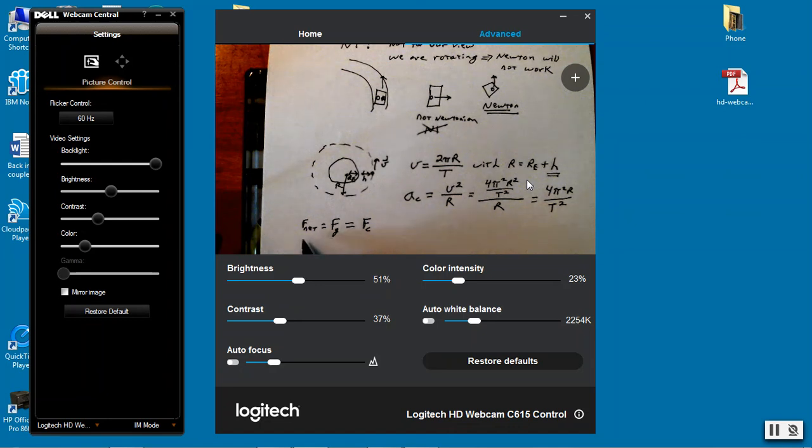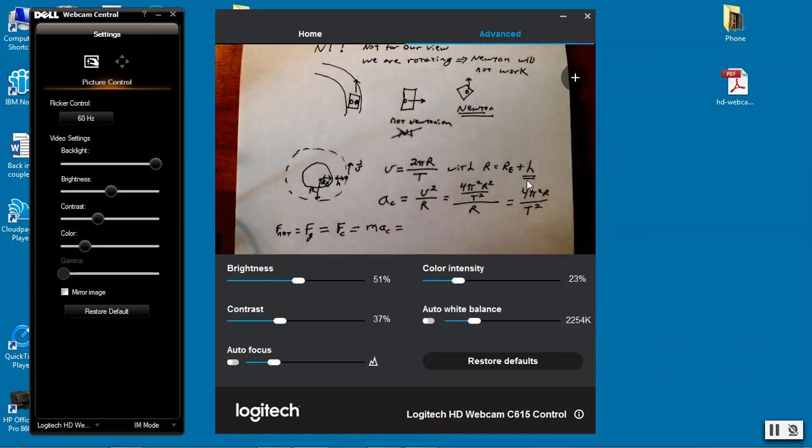And for something moving in a circle, the net force has to equal the force that's making it go in a circle, which is the mass times the centripetal acceleration. So the gravity force, the total force, has to be 4 pi squared r over t squared times the mass of the satellite. And let's put ms here for mass of satellite.